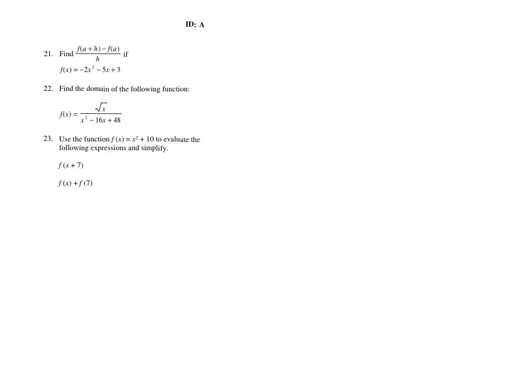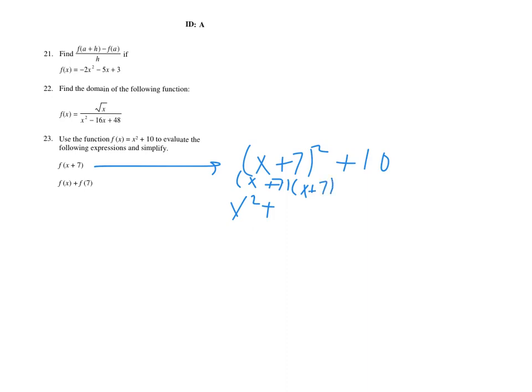All right, next up, given this function, they want us to do these two parts. So the first part here, f of x plus 7, means plug in x plus 7 for x. So that would be x squared plus, and then remember we're writing this twice. So that would be 7x and 7x, making 14x, and then 49.